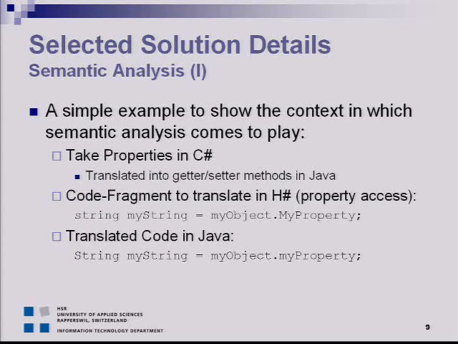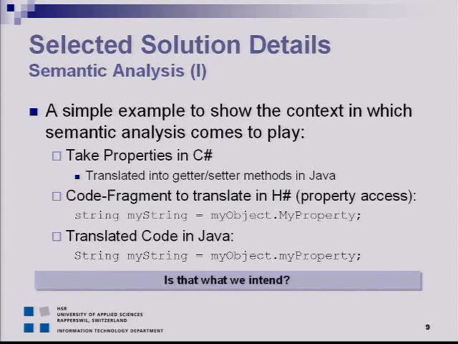So let's have a look at some details of the solution. If you take that line of code with a property in C# or A# in that case, and you just syntactically translate it to Java, you'll get the line at the bottom.